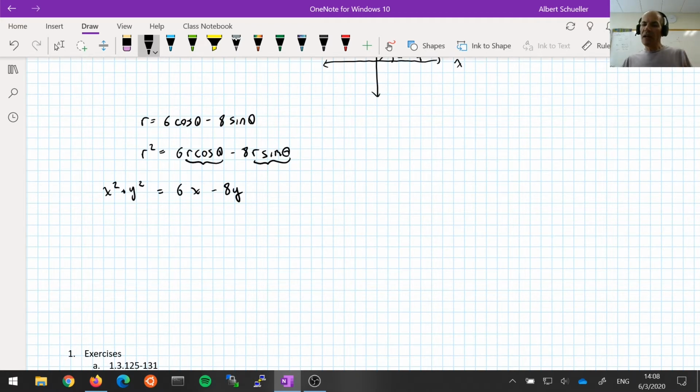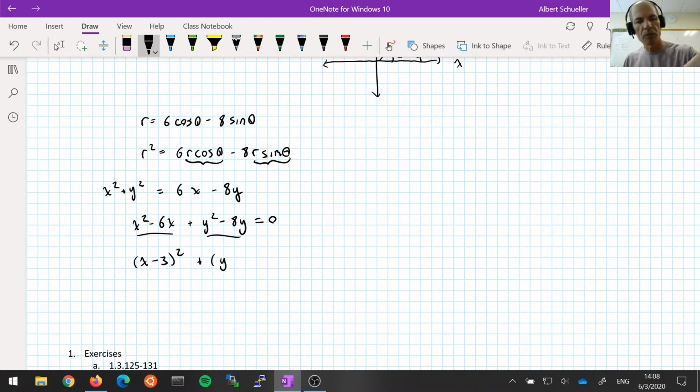This doesn't really tell me the particular figure, but now I can use some things I've learned about Cartesian equations and manipulate this into something recognizable. Let me show you that. x squared minus 6x, moving everything to the left-hand side, plus y squared minus 8y equals 0. And what I'm going to do is complete the square on these two terms. x minus 3 squared, FOIL it out, x squared minus 6x plus 9.